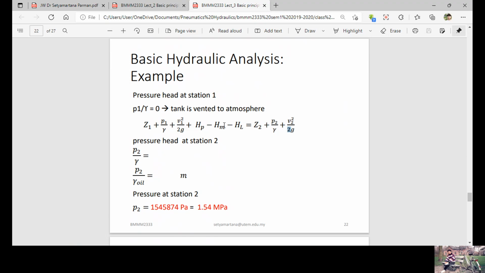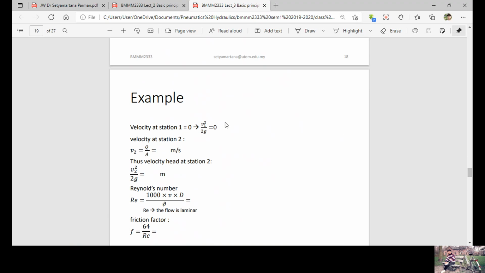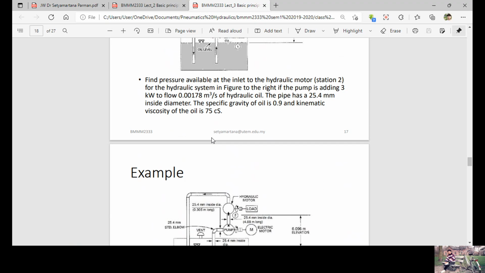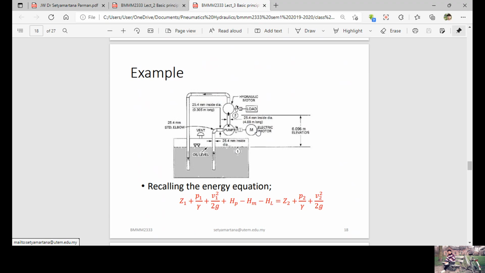So taking P1, P1 is exposed to the atmosphere. This is the level, this is the fan.